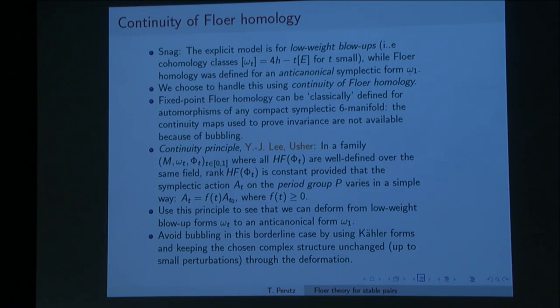And so we had to make an argument to show that the principle is applicable when one deforms the Kähler form from an anti-canonical one to a low-weight blow-up one.